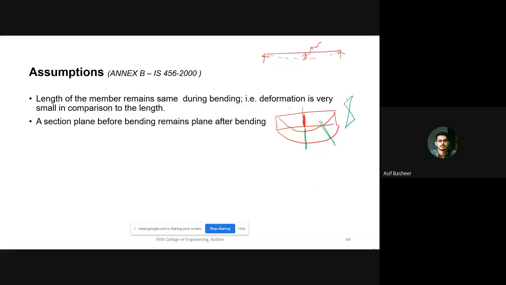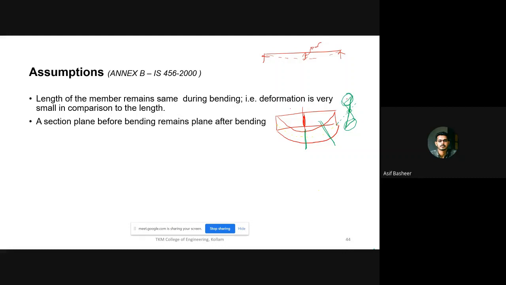That is, at the neutral axis, the strain or deformation is 0, and towards its extreme ends, the variation will be increasing. That is, at the extreme fiber, you will have the extreme strain, and at the extreme fiber at the top, you will have the extreme compression.